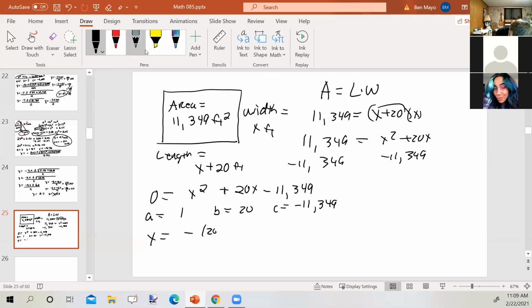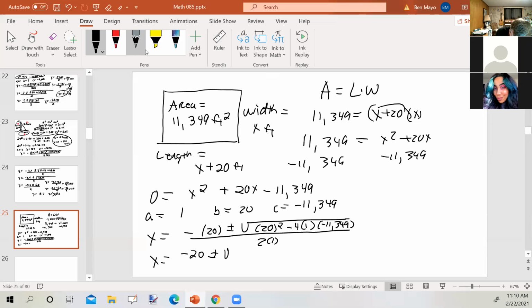X is negative B plus or minus the square root of B squared minus 4AC all over 2A. X equals negative 20 plus or minus the square root of 400 minus 4 times 1, so I've got negative 4 times negative 11,349, and I'm coming up with plus 45,396. All of that over 2.